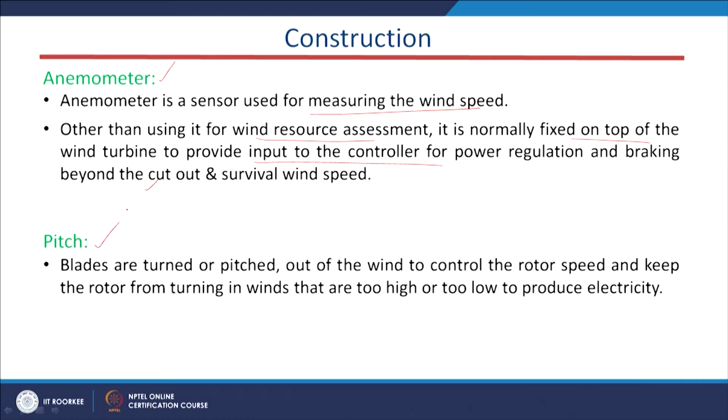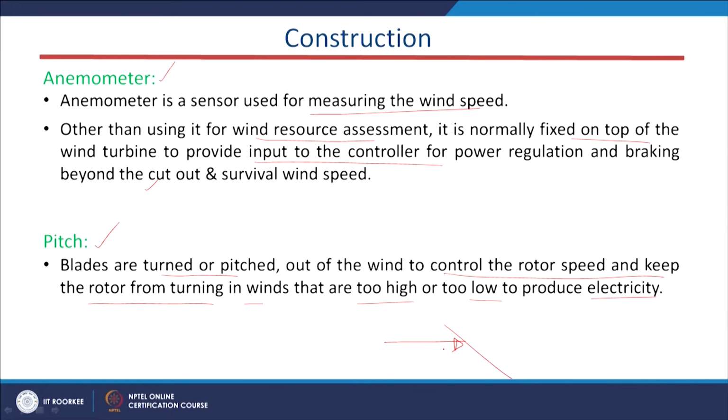And then the pitch is also important. As we have already discussed, the blades are turned or pitched out of the wind to control the rotor speed and keep the rotor from turning in winds that are too high or too low to produce electricity. Basically, the blades are designed in such a manner, pitched means it is given a certain direction.